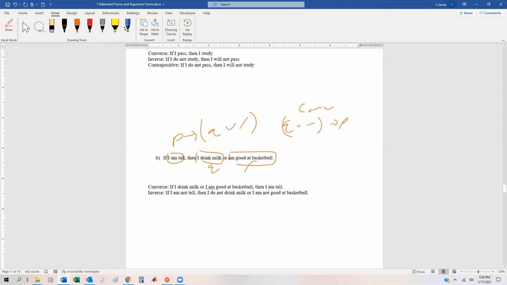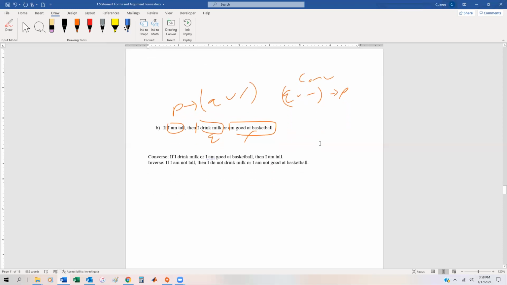And that's almost correct, right? But there's only one word in here that makes it not correct. And the word is going to be or. So unfortunately, or has to be replaced with and.